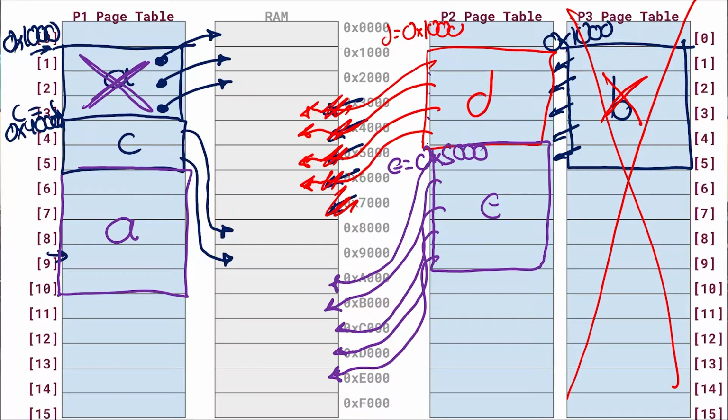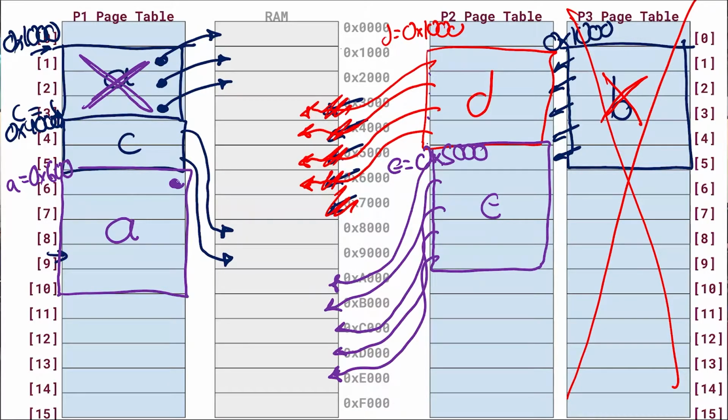So A, which used to have the address 1000, now has the address 6000. So now in process 1, if we look at what the address of A is, it's address 6000. And now we've got to decide where the pointers to the actual data go. Even though we moved the position of A, where does the pointer of the first page actually go?